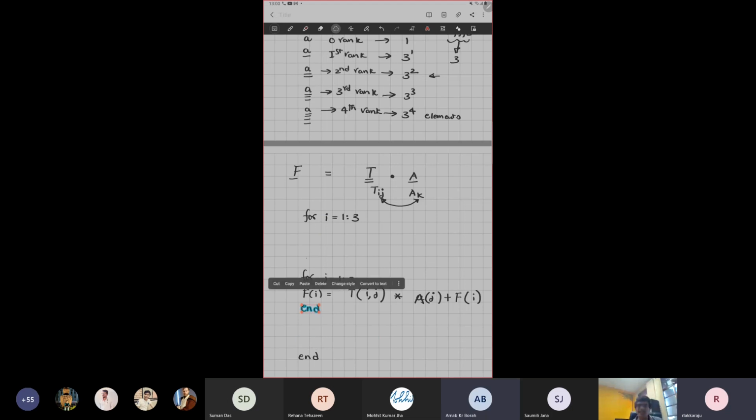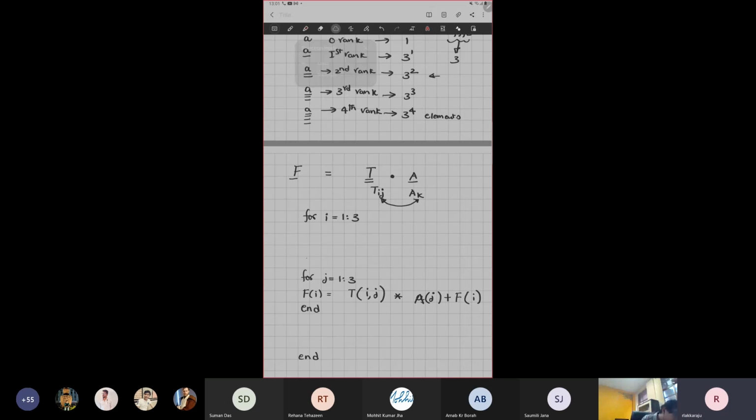First look at the first loop we have written. Every Tij starring Aj gives me only T of i. i is fixed. j is going to 1, 2, 3, and so on. I'm going to have that entire condensation happen by this.